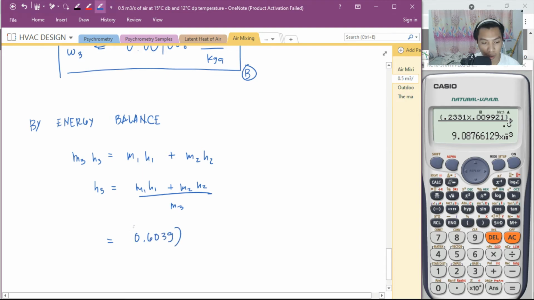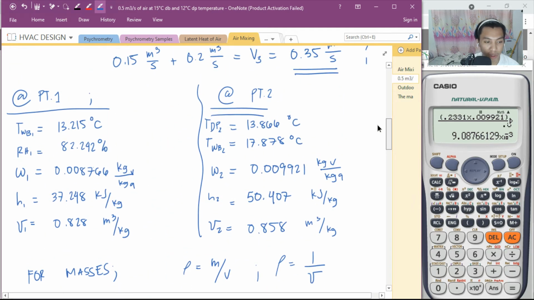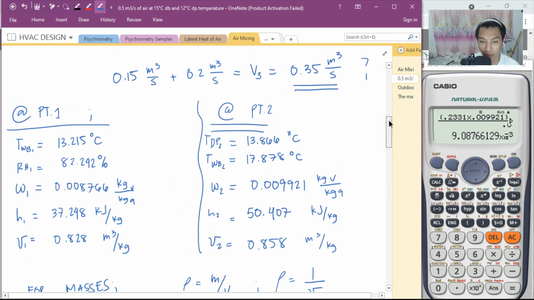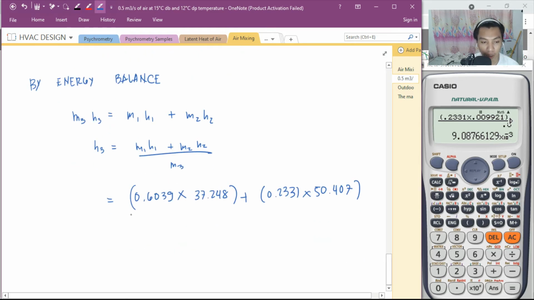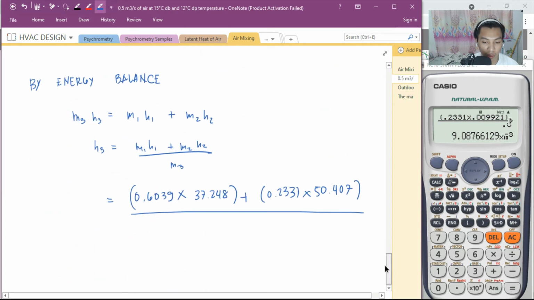0.6039 multiplied to H1, 37.248, plus 0.2331 multiplied to H2, 50.407, divided by M3. Ano yung M3 natin dyan? 0.837.